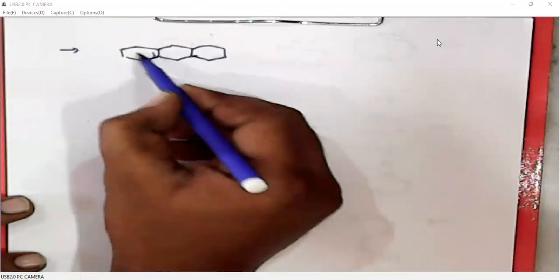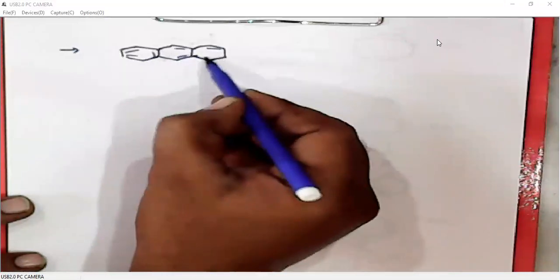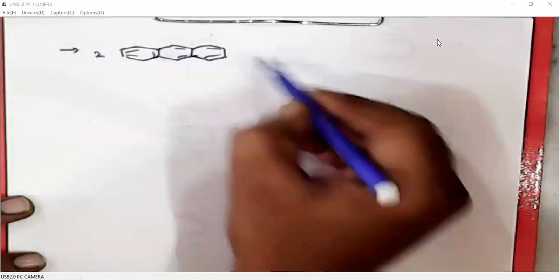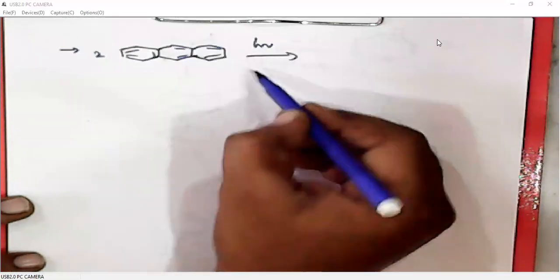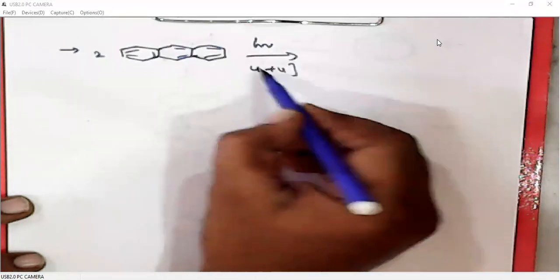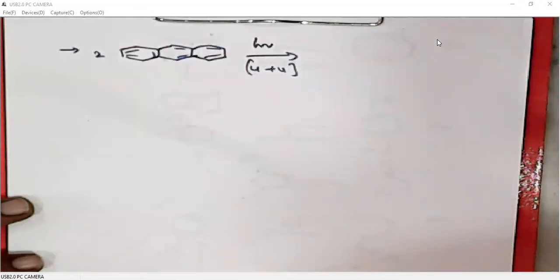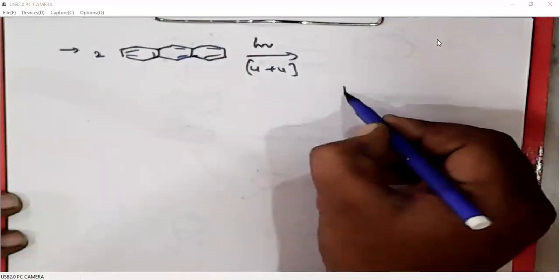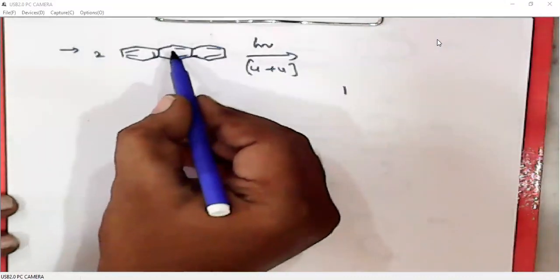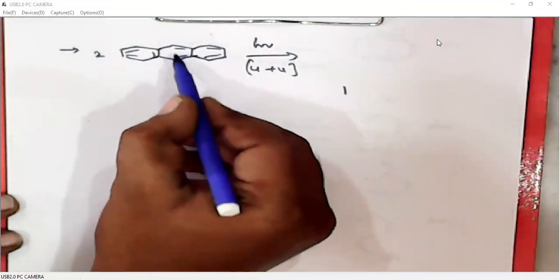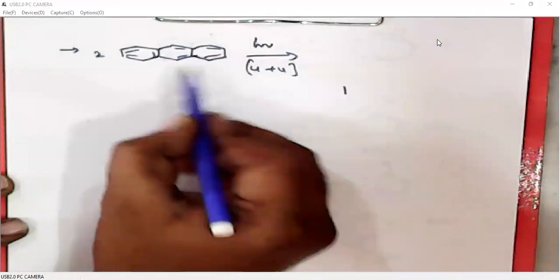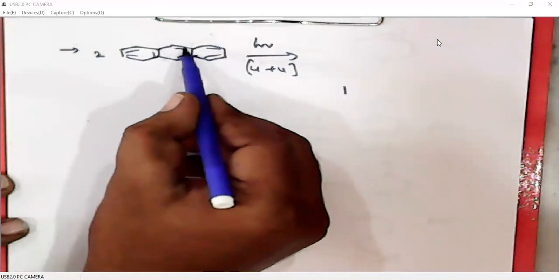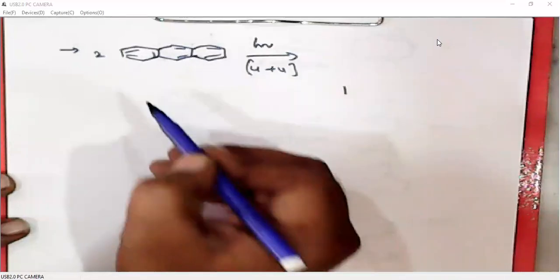When anthracene is treated under photochemical conditions, again this will undergo a 4+4 cycloaddition to get dimerized. As usual, the middle ring is the one which is involved in cycloaddition reactions. So these two double bonds and the two double bonds in another ring will undergo cyclization.